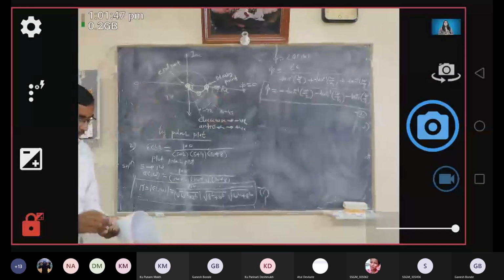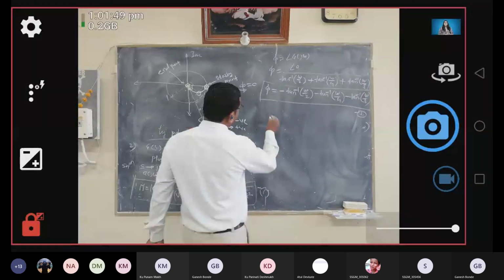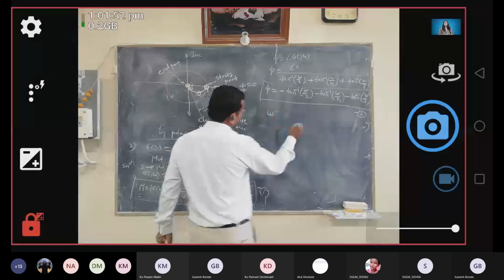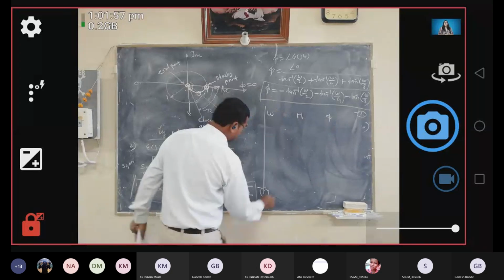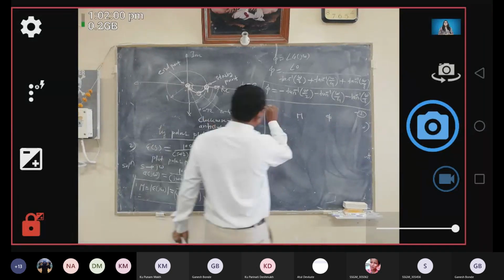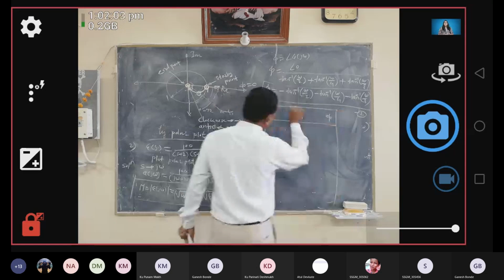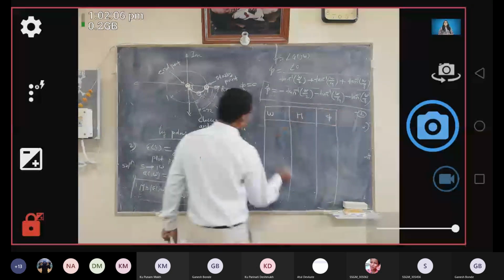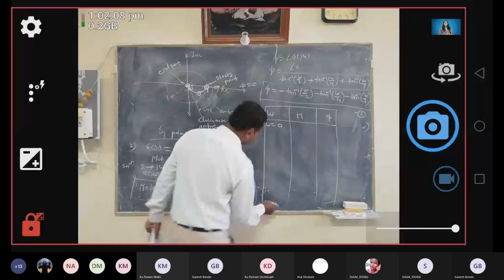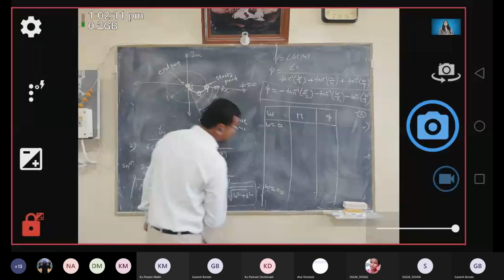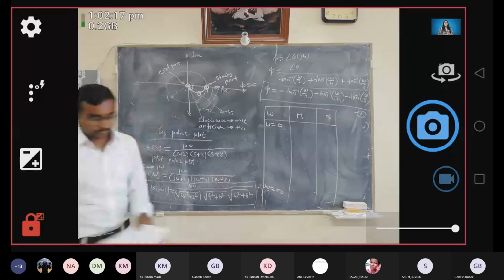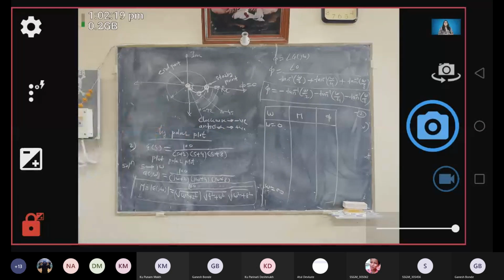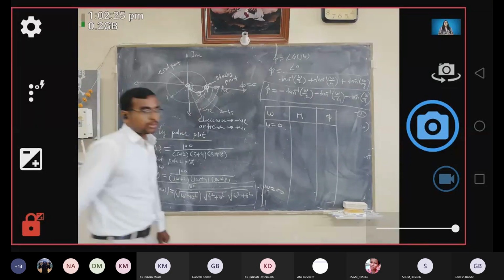So from equation 1 and 2, you can prepare a table. That is, first column is omega, second one is m, third one is phi. So starting point omega is equal to 0, ending point omega is equal to infinity. Substitute omega is equal to 0 in this term and find m. So tell me the value of m at omega is equal to 0.